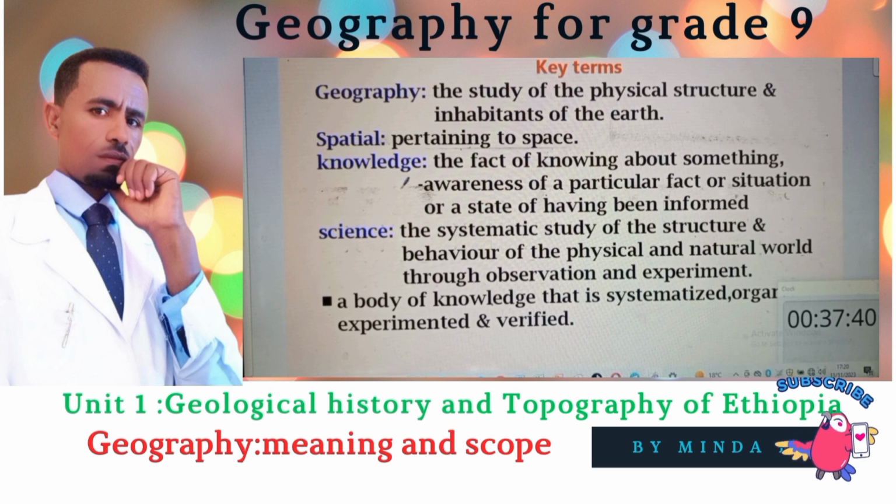Knowledge, the fact of knowing about something or awareness of a particular fact or situation or a state of having been informed. Science is a body of knowledge that is systematized, organized, experimented, and verified.